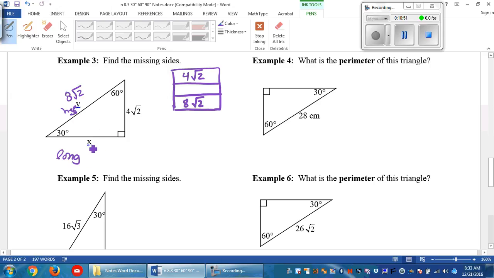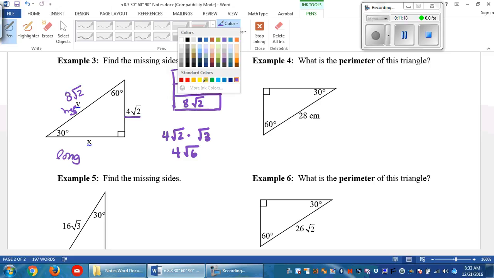So that's the x root 3 side. So you're taking 4 root 2, multiplying it by root 3. Remember, numbers are numbers, roots are roots, so you get 4 root 6 for your answer.